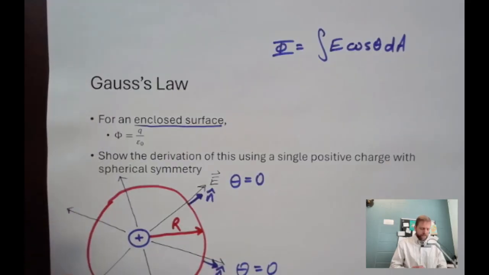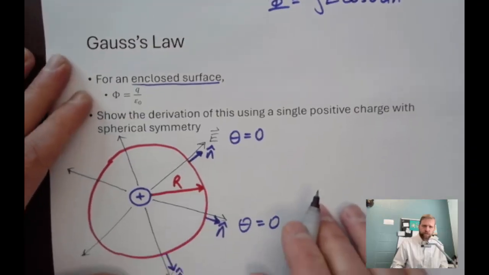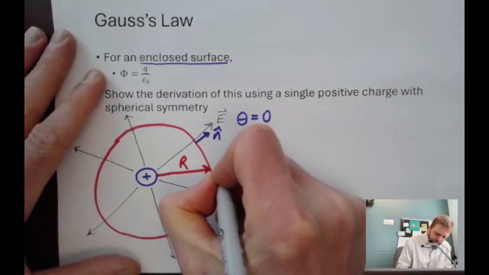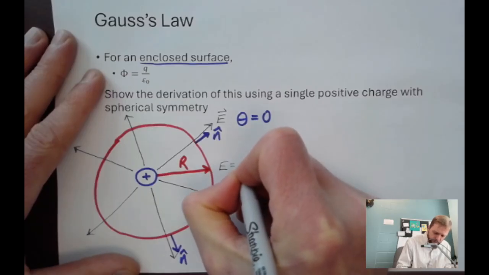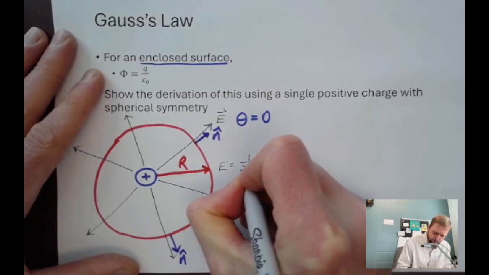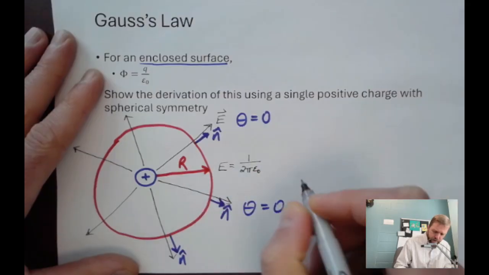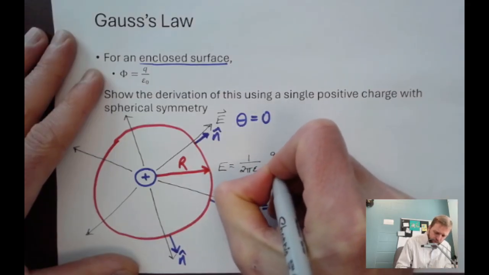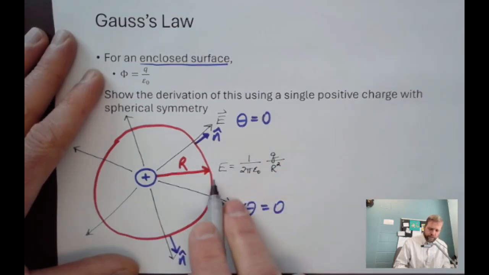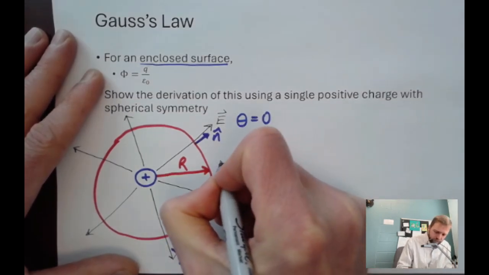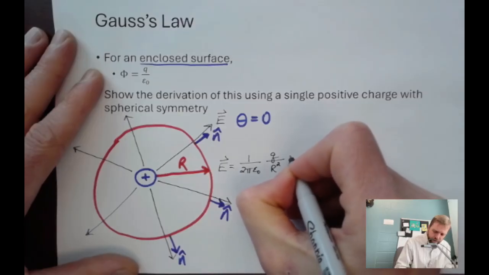All right, and the electric field out at this radial position, because this is a point charge, is 1 over 2 pi epsilon naught Q over R squared. And if we want to refer to this as the vector, then we would do something like this.